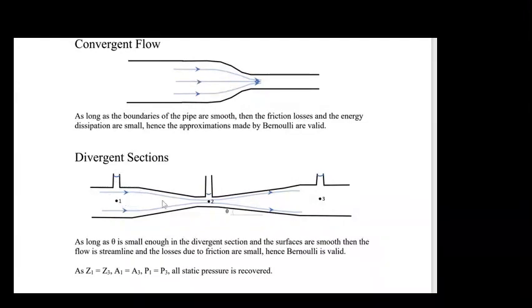Our potential energy is the same. Z1 is the same as Z2 is the same as Z3 actually. So we can neglect the potential energy and just consider pressure and kinetic energy.